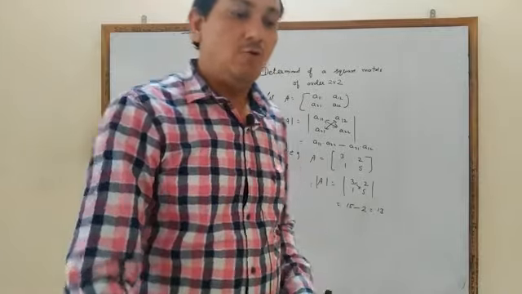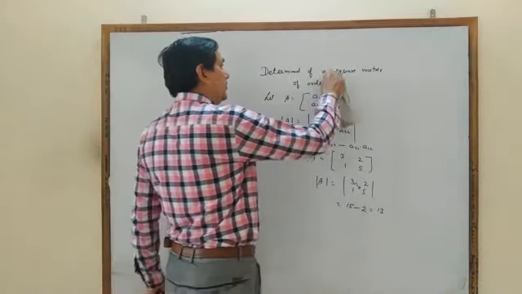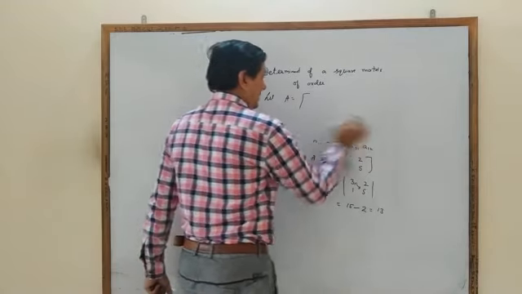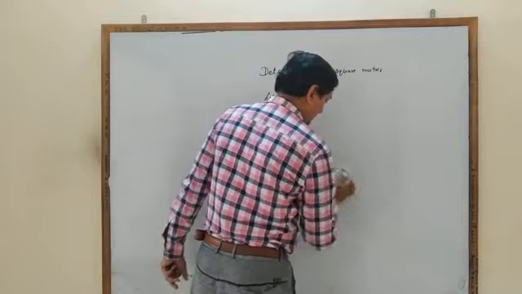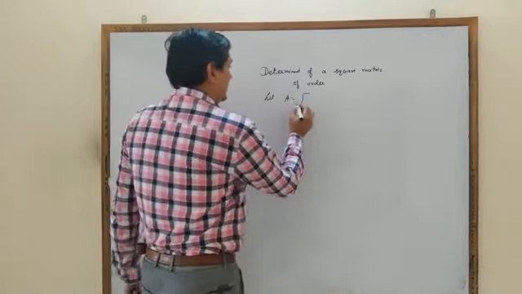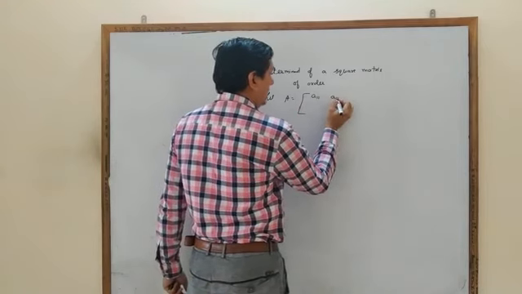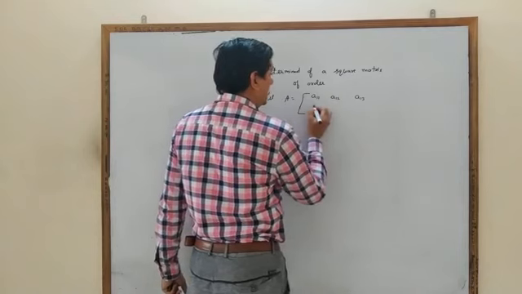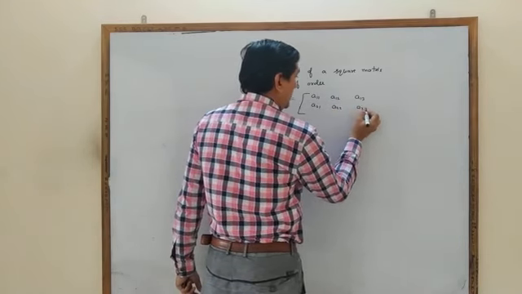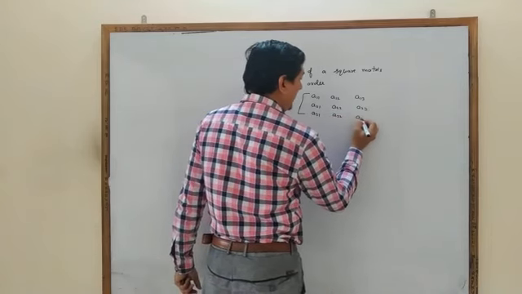And now we learn how to determine the determinant of a square matrix of order 3 by 3. Let us consider a square matrix A with entries A11, A12, A13, A21, A22, A23, A31, A32 and A33.